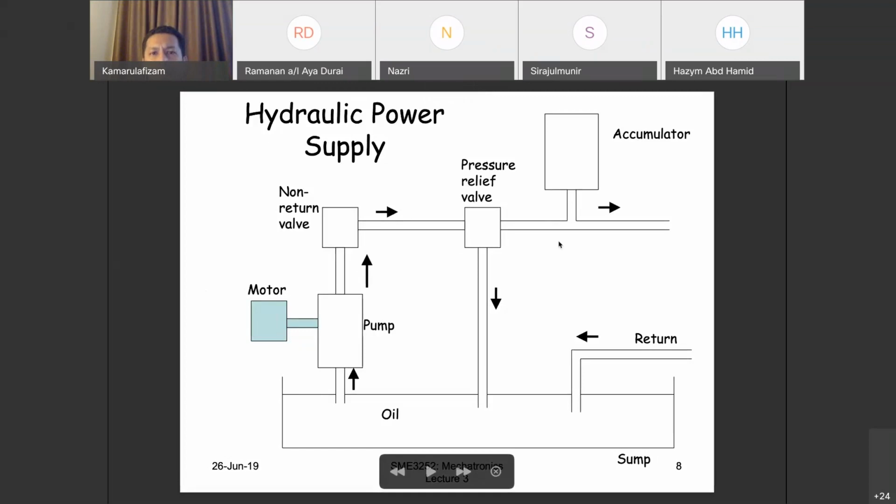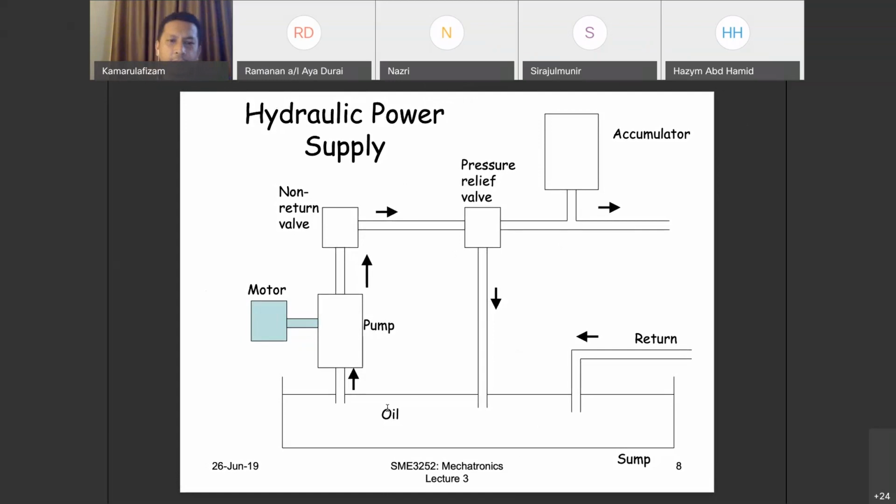Okay, so this is very basic diagram of macam mana hydraulic power supply system. Hydraulic power supply ni maknanya this is where hydraulic punya signal are being generated, being managed. Alright, for hydraulic you need to have oil sump. Okay, kat dalam ni minyak hydraulic, minyak power steering ke, minyak brake ke, is basically all dalam satu sump.